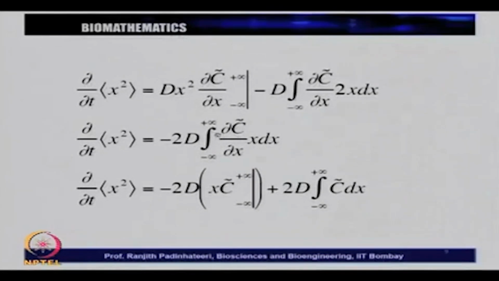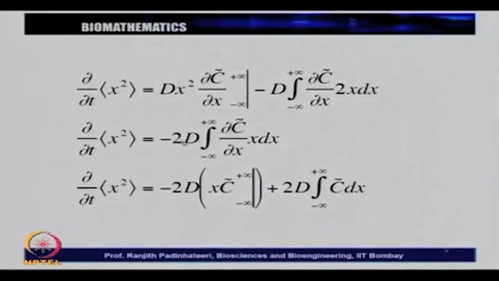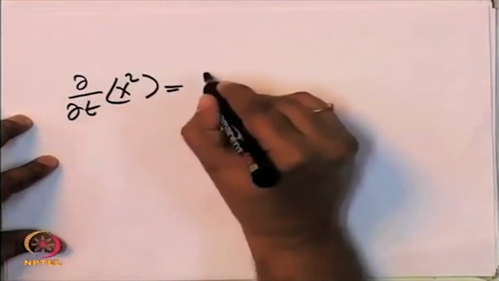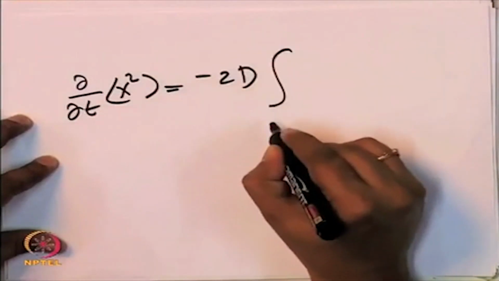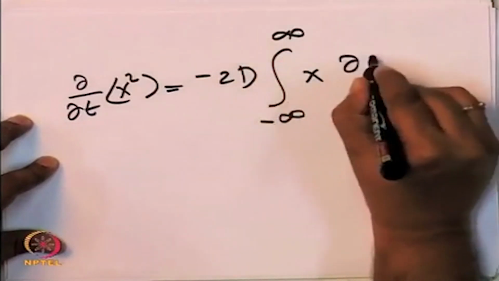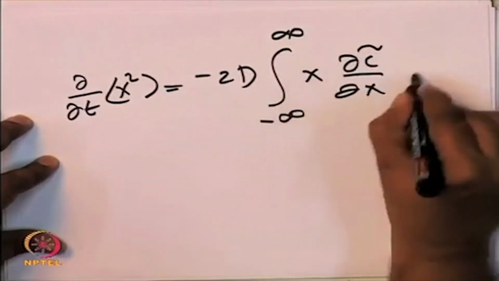So, now let us see what we have in hand. What we have in hand is del by del t of x square average is minus 2d into integral minus infinity to infinity x del c tilde by del x dx.